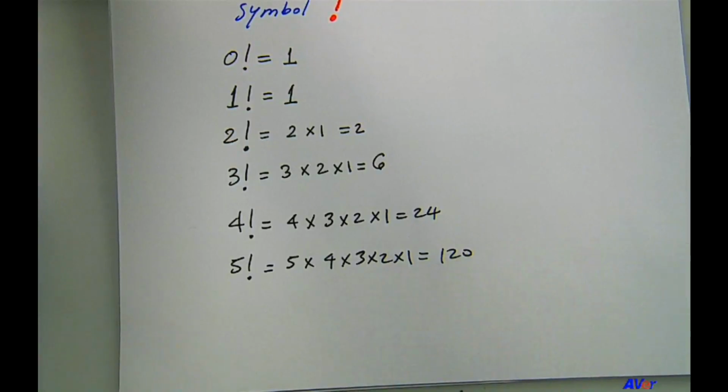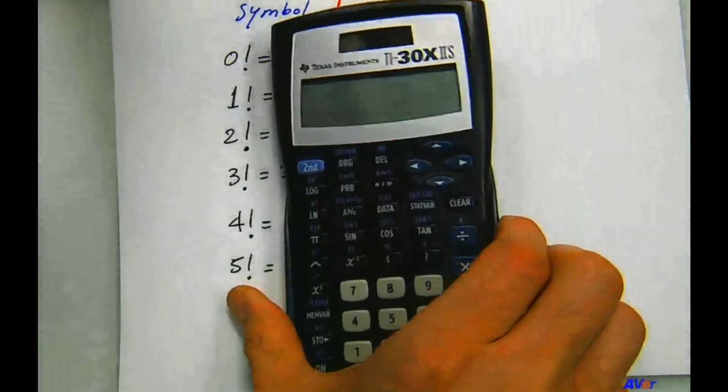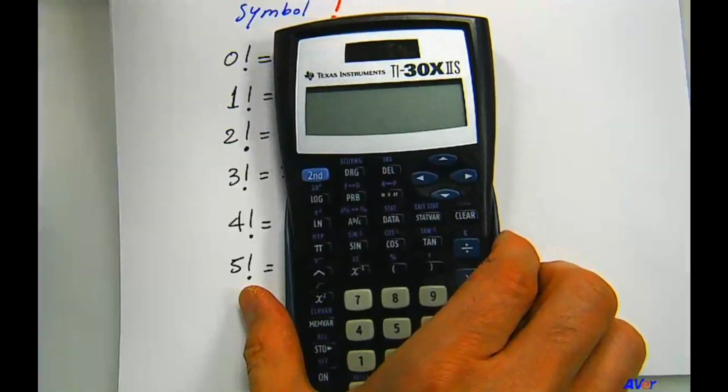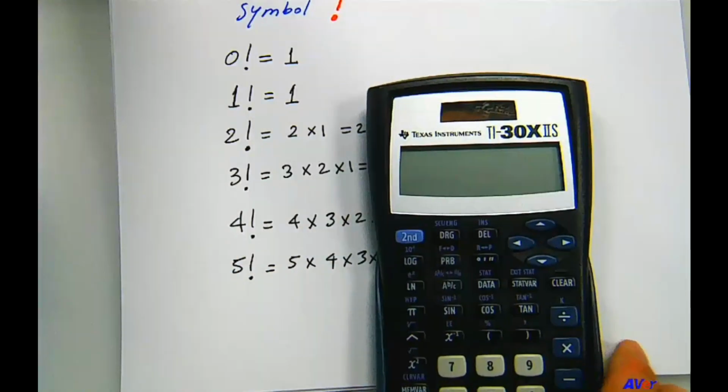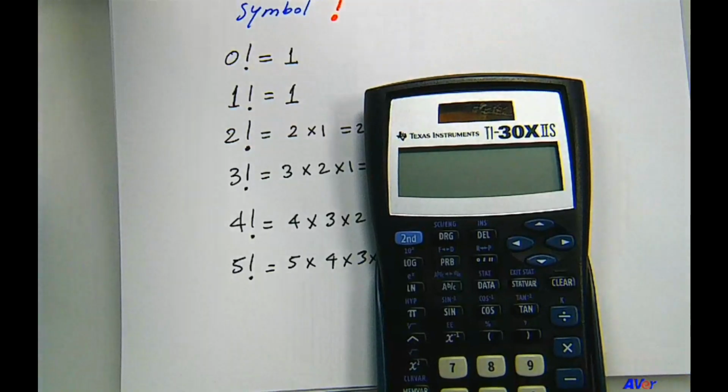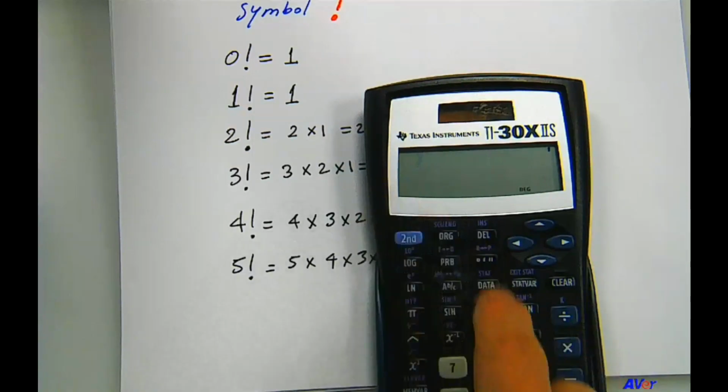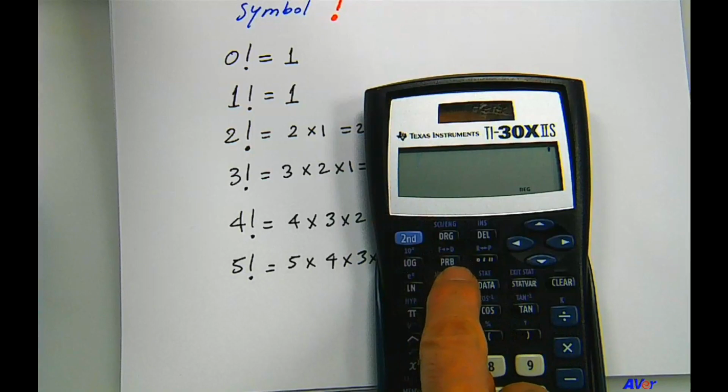Having said that, please make sure that whether you're using the Casio or the Texas Instrument calculator, you know which buttons can calculate the factorial. In the Texas Instrument one, this one that I have, the button that you can use is this PRB. The PRB button stands for probability.